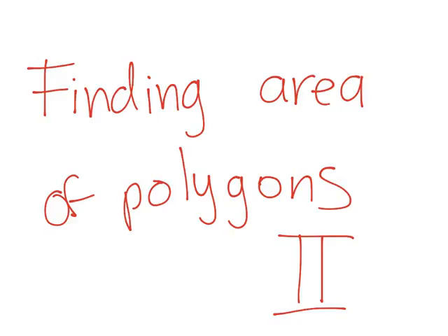Hello, so this is the second video on finding the area of polygons using matrices. If we have a polygon with any number of sides and vertices, we will be able to find its area using the following formula. So you will have plus minus a half.